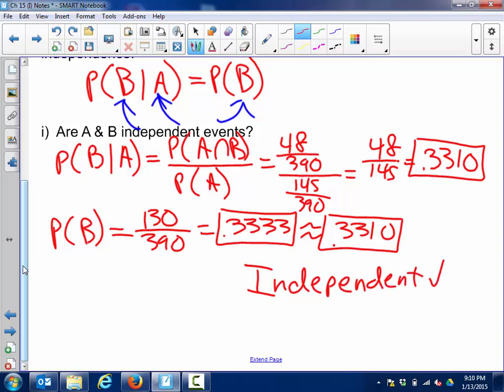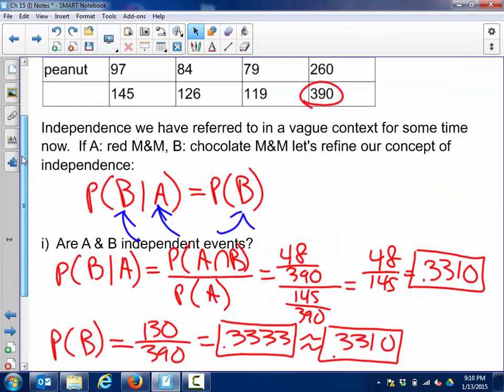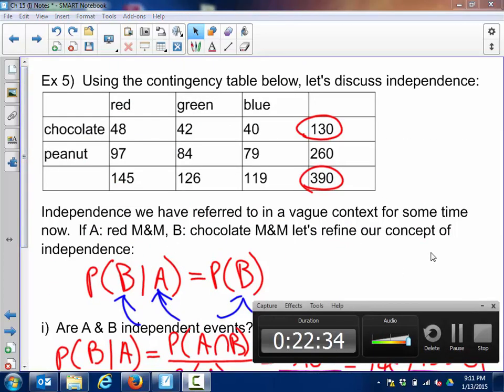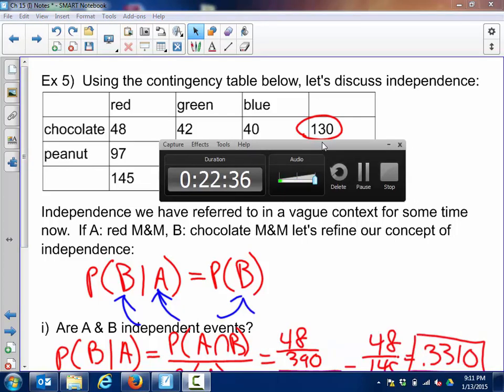Yes, they are independent events. Again, that means the outcome that an M&M we know is red does not affect whether it is then randomly chocolate versus peanut. That probability is the same as having a chocolate M&M in any case. All right, so there is your start to chapter 15.